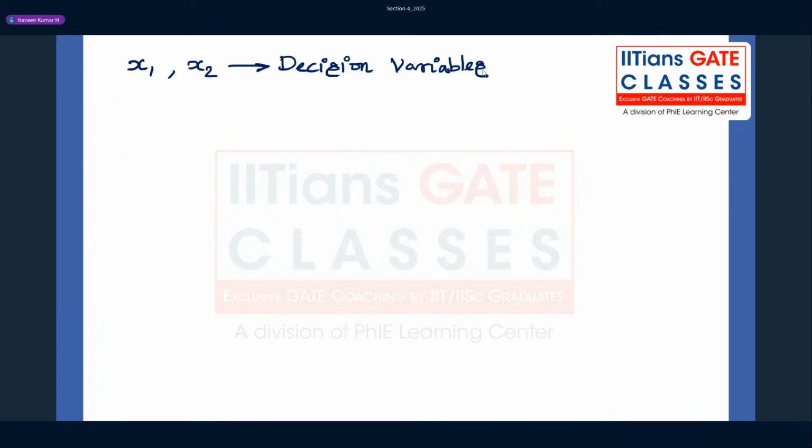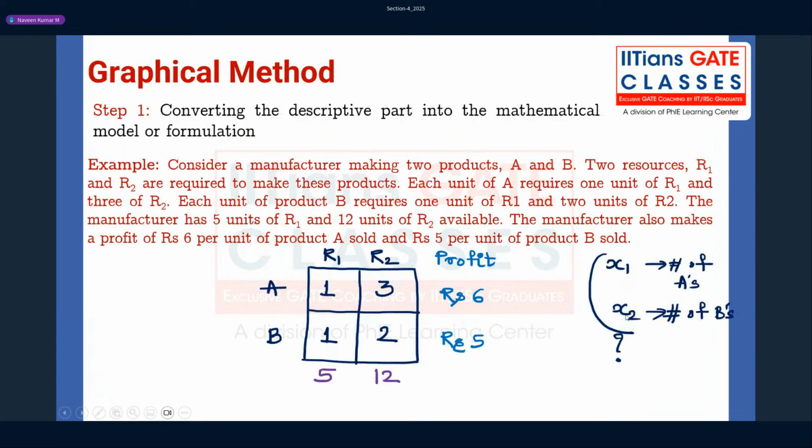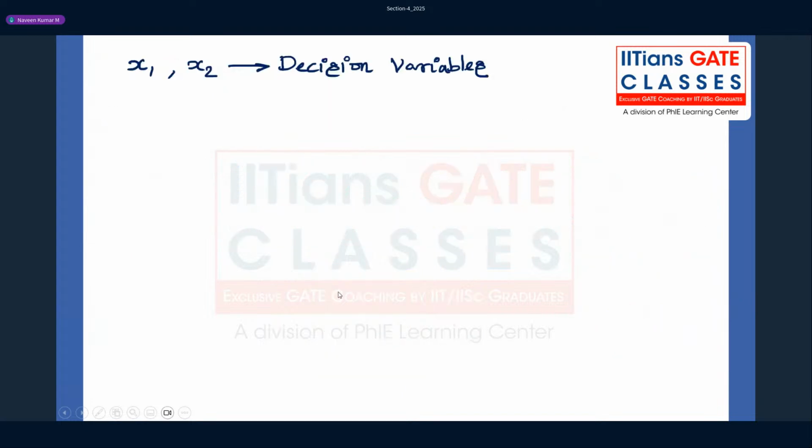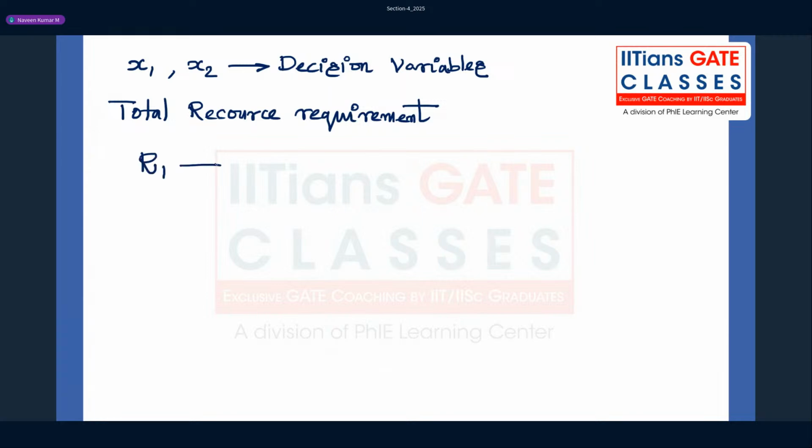X1 is the quantity of A or number of A's produced. X2 is the number or quantity of B's that will be produced. That is the important thing. Okay. Now let's say you're producing X1 A's and X2 B's, so what will be the resources required? So the total resource requirement for R1 is how much?